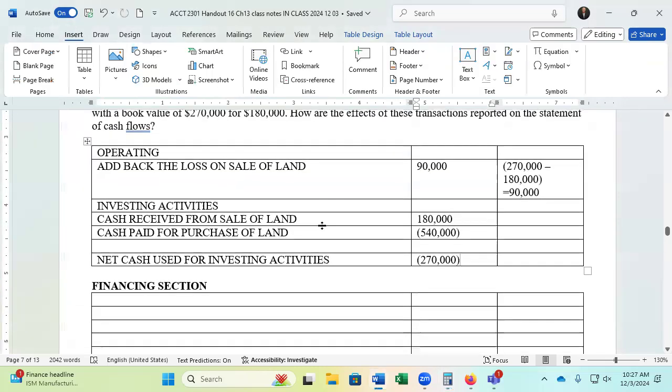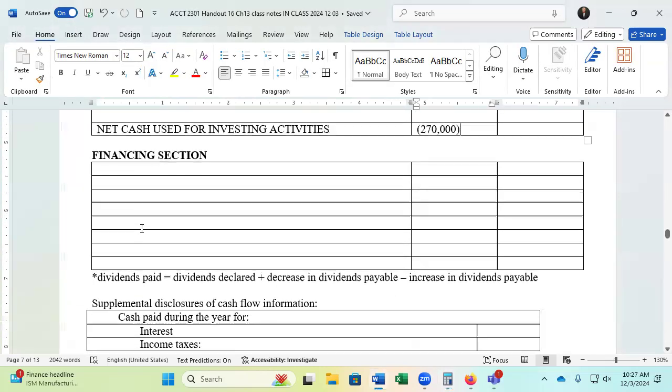Okay, financing section. So you have the cash flows used for financing activities.